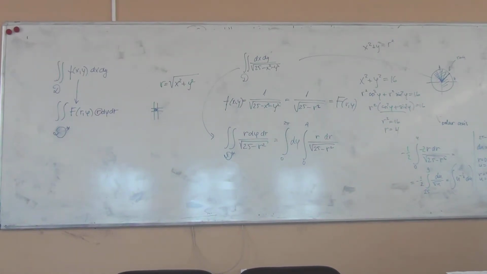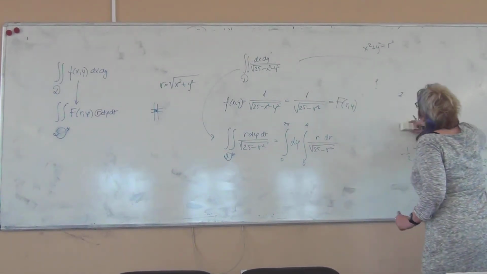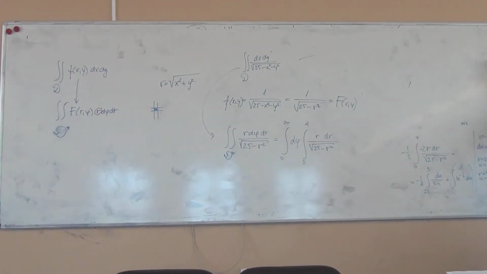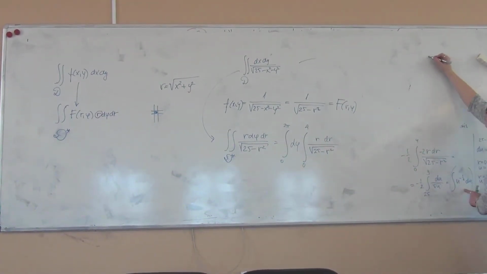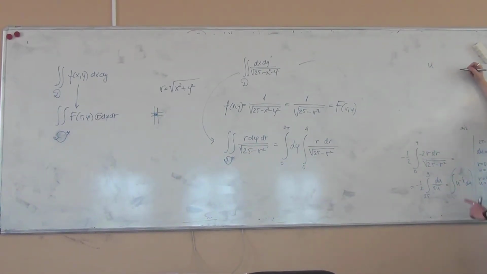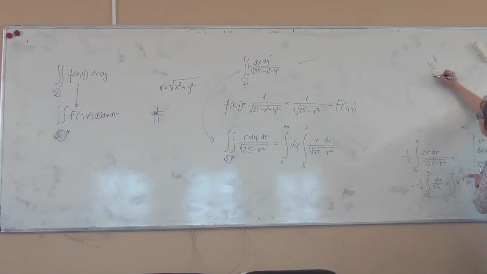Integrated, it will be u to the power add 1, so u to the power 1/2 divided by 1/2.